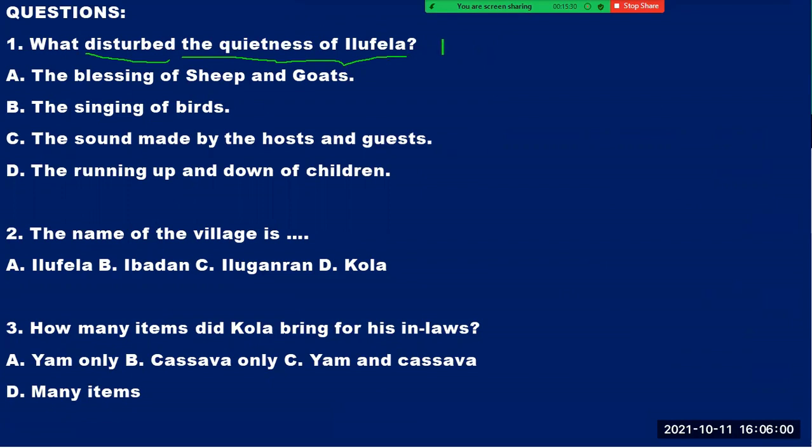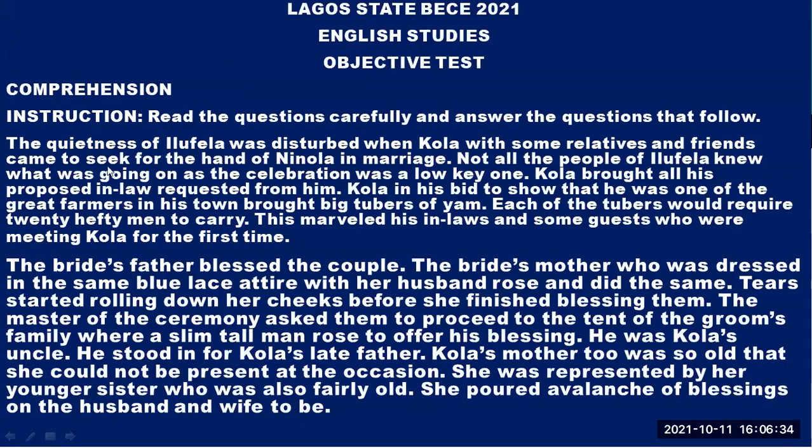What we mean by context clue is something that will show us that we are getting closer to where the answer to the question is located in the passage. So these keywords will help us to locate the answer in the passage. Disturbed the quietness of Ilufela. Armed with the keywords, let's now go to the passage so that when we find these keywords, we analyze the information we have.